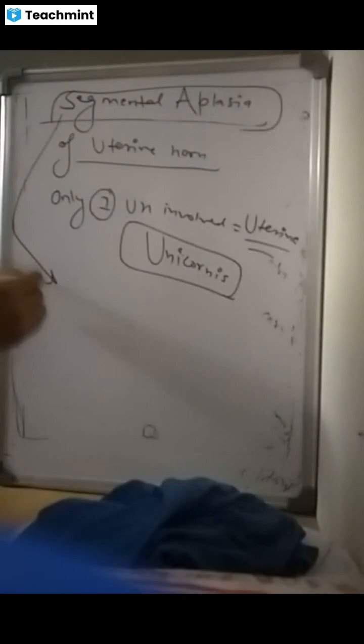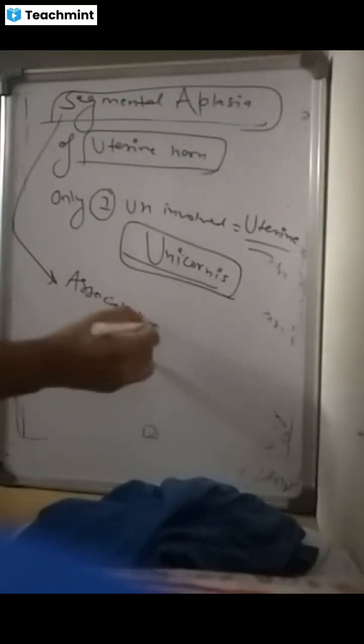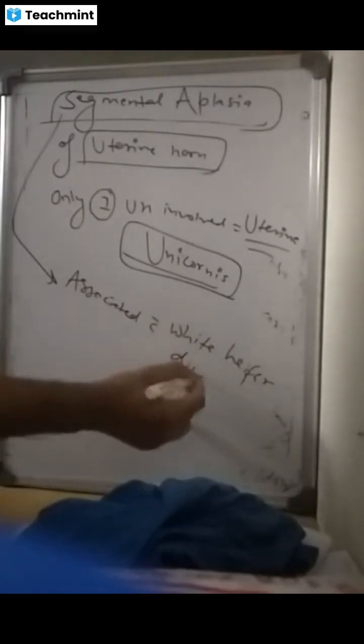It is segmental aplasia of the segment of the duct which gives rise to the uterine horn. We call this associated with white heifer disease.